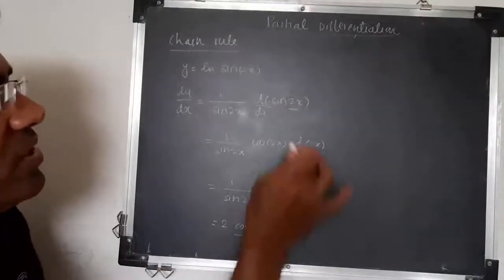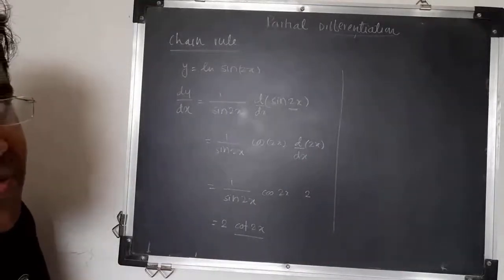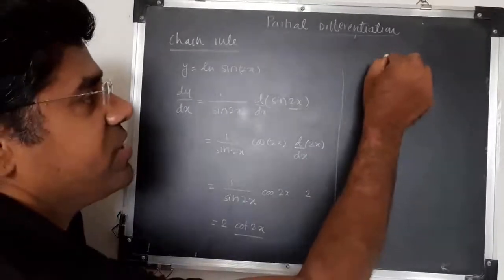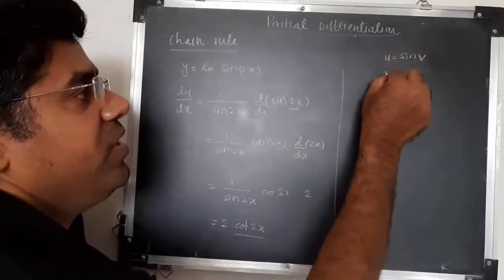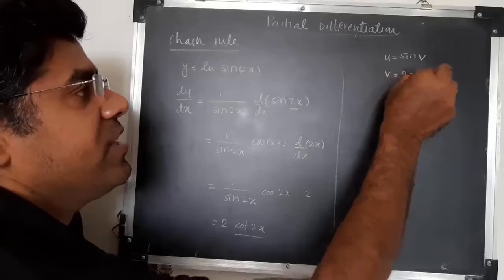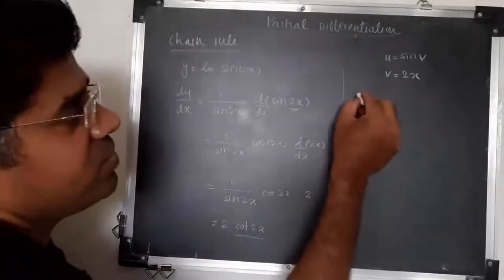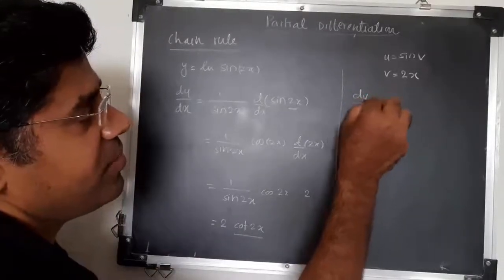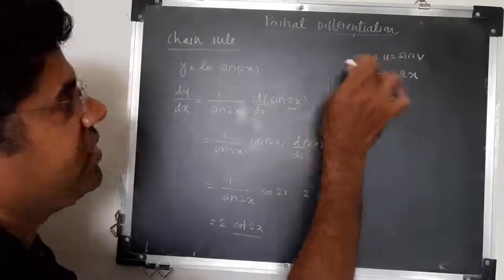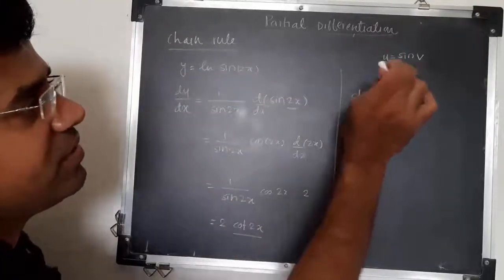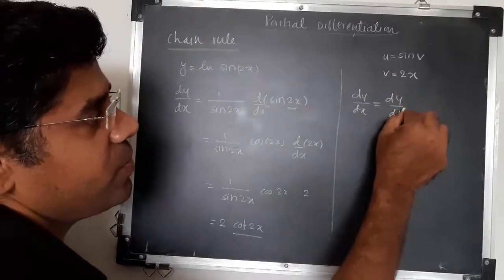Okay, so this is one way you can see it, or another way you can substitute the value, just like u is equal to sine of v, where v is twice x. So how can we write dy by dx? I can write it in a different way. y is a function of u, so this is dy by du.